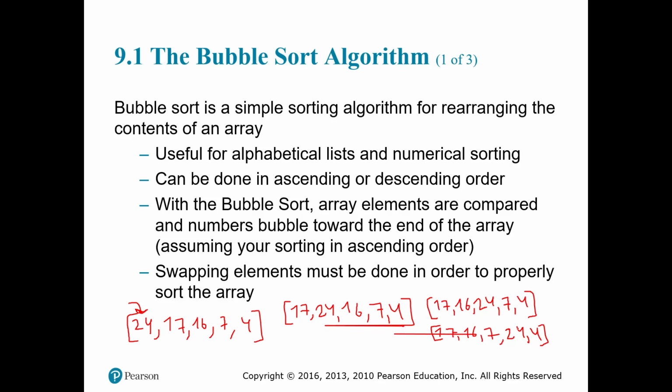We almost ran out of elements, and we're going to place our 24. We're going to compare it to the last element that we have. Is 24 greater than 4? Yes. So this is going to be our array after the first execution of the bubble sort algorithm. This is after the first step that we did.